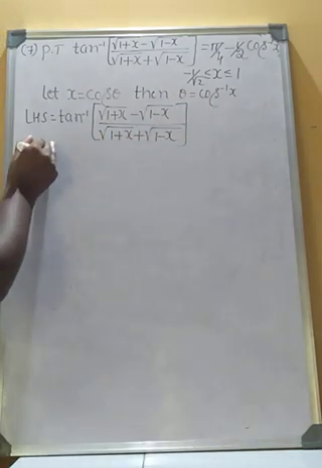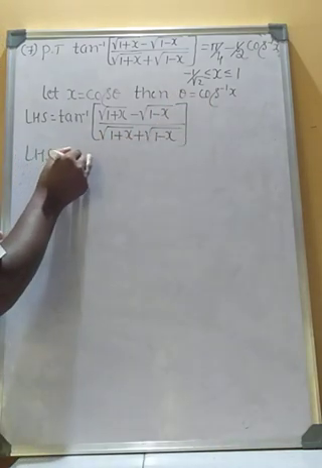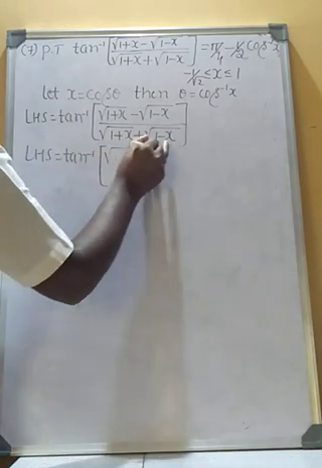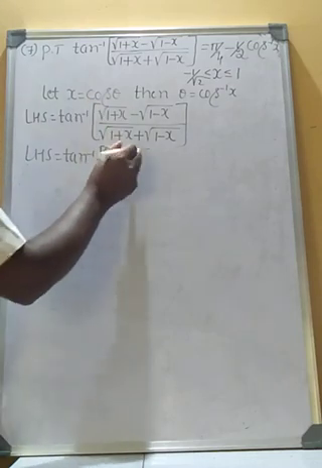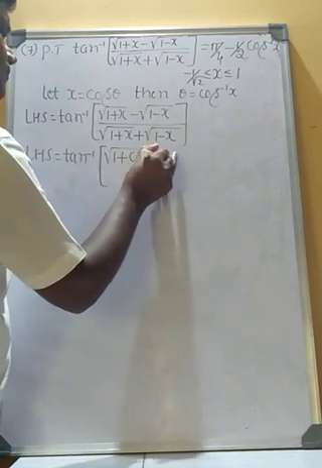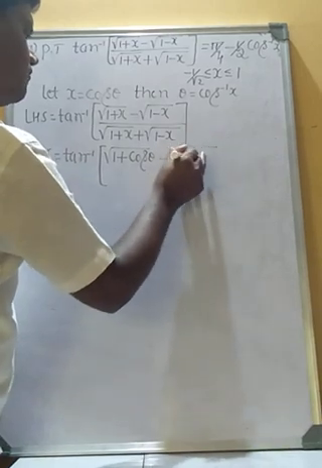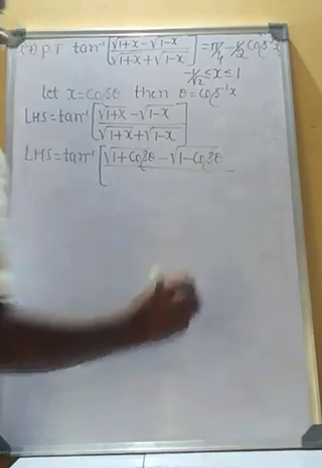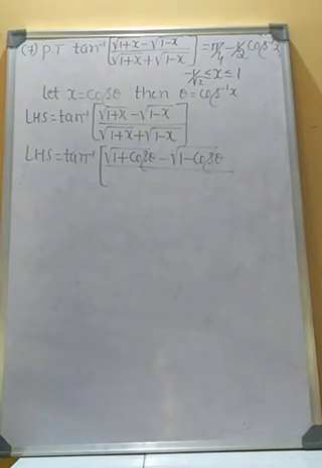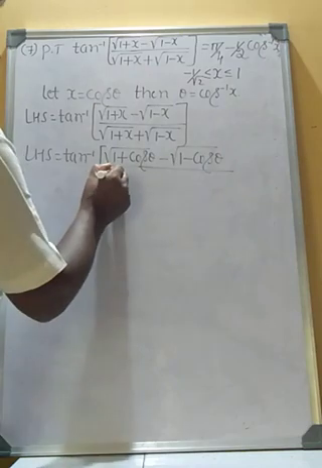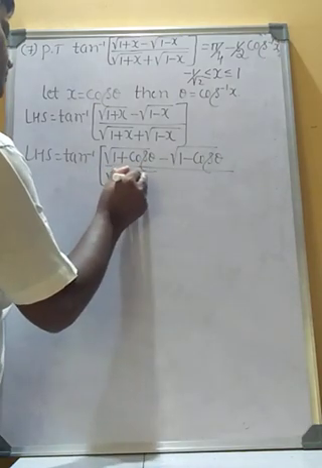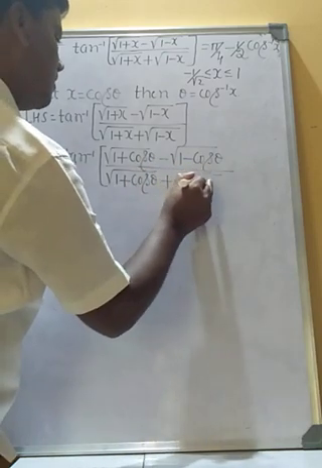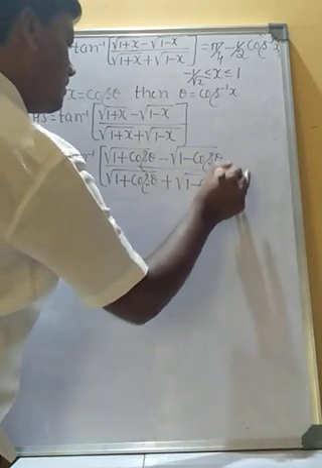So left hand side is equal to tan inverse of (root of 1 plus cos theta minus root of 1 minus cos theta) dividing by (root of 1 plus cos theta plus root of 1 minus cos theta).